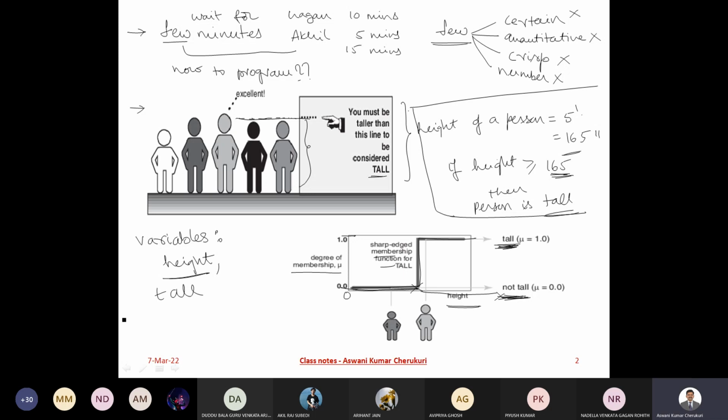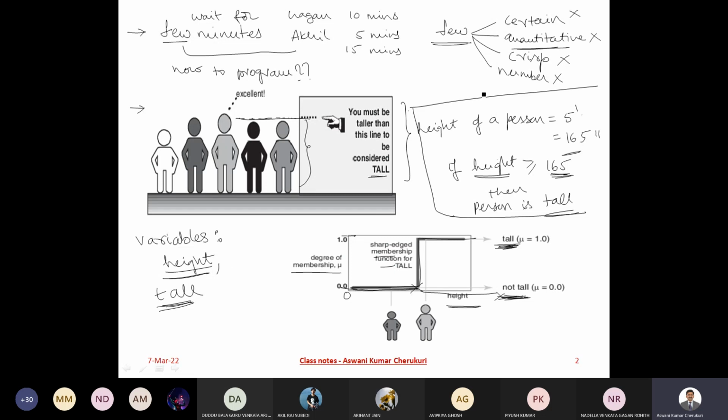Yes, sir. You tell me, tall is an adjective? Adjective, sir. Yeah, can you give a value to the adjective? Sir, we can fix it as, like, one. So the point is that tall is an adjective, so for height we fix the variable. You are going to use height as the variable because it is a quantitative variable, right?